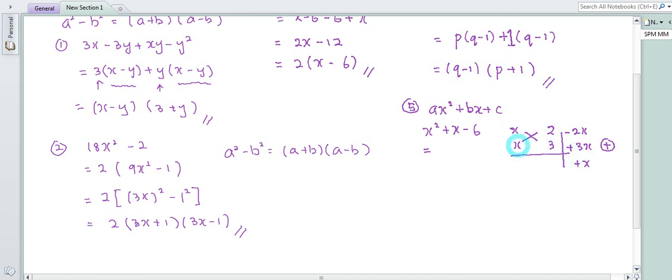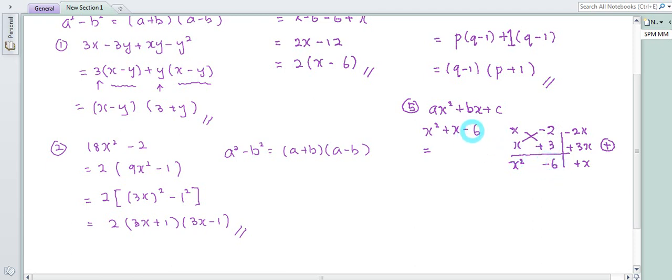Okay, so if these two are positive one, in front here is positive, right? Easy. Negative, you put negative. Positive, you just put positive. Then we double check again. X times x, you get x squared. Okay, correct. Negative 2 times positive 3, you get negative 6.